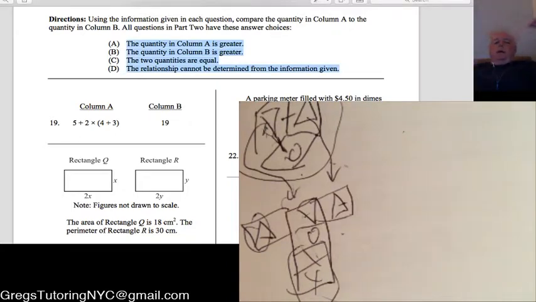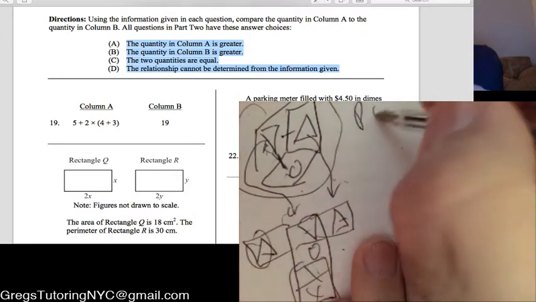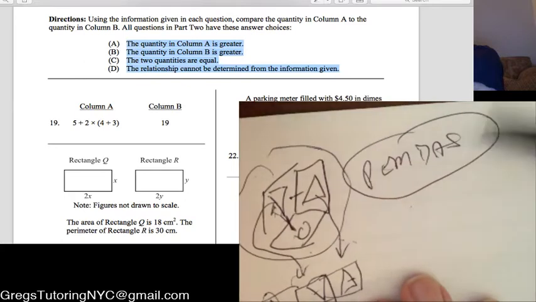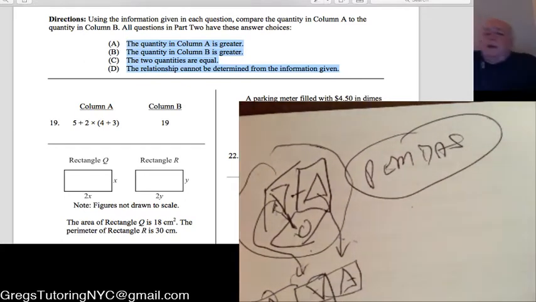Column A says 5 plus 2 times paren, 4 plus 3 close paren. So this is really talking about PEMDAS, as most of us like to call it. Formally, it is the order of operations and the unary operators, the binary operators, and how everything interacts when you have an expression presented to you.